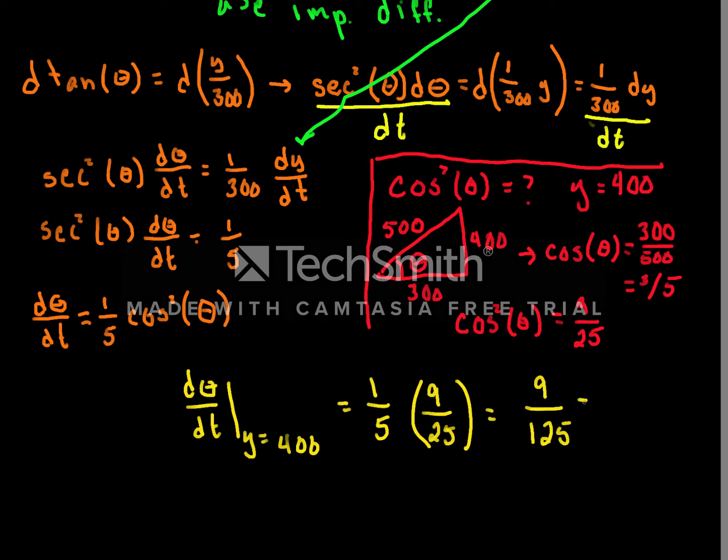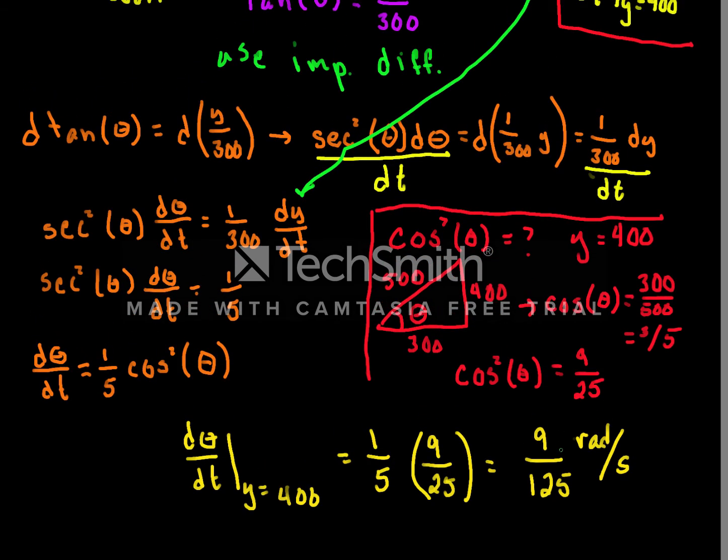So when we put our units on, the units will be radians per second. So the angle is changing at 9/125 radians per second.